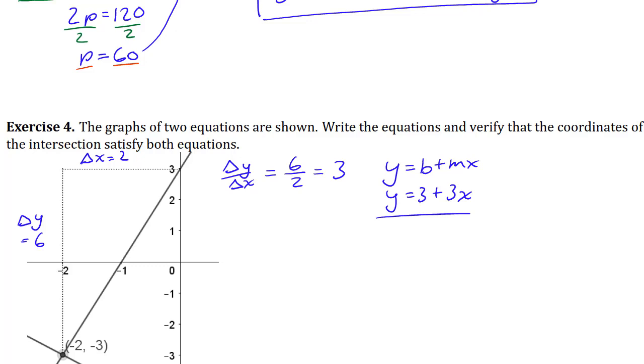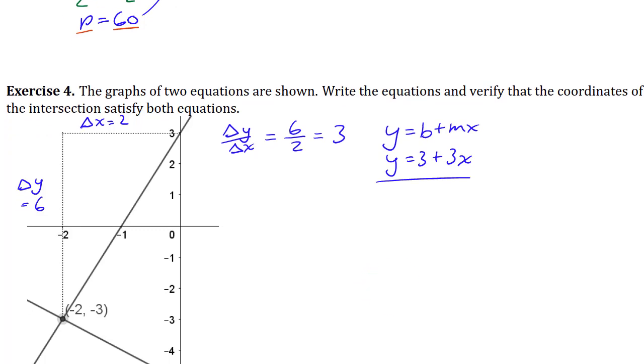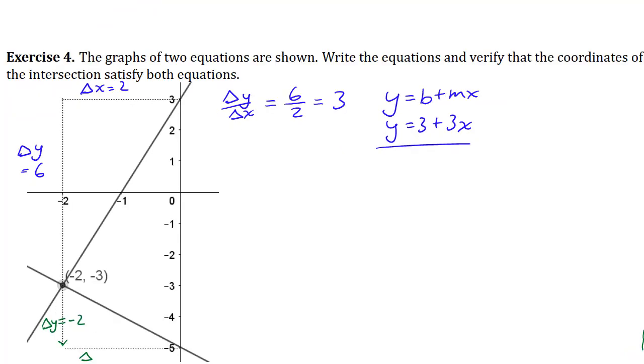And then let's look at the other one here next. So from here, let's look at the change in y down to this point and the change in x. So the change in y is going to be, we're going from y equals -3 down to y equals -5. So that's a decrease of -2. And then the change in x is going from -2 up to 0.